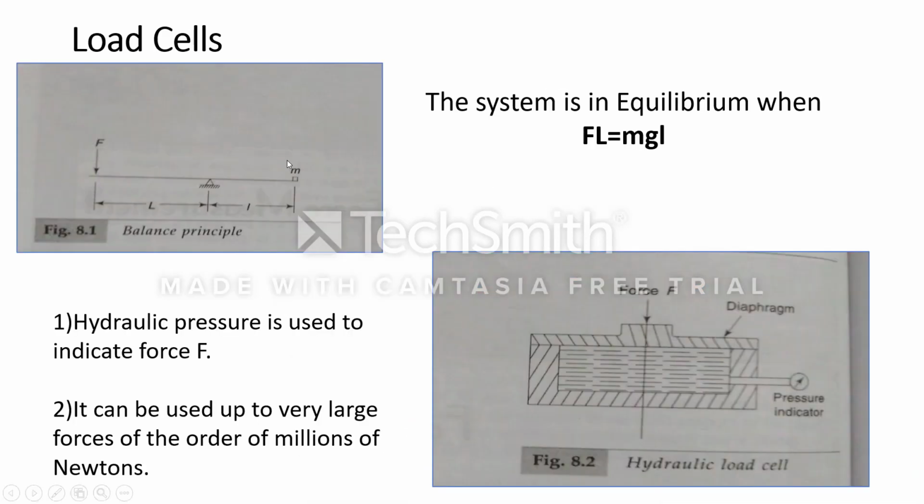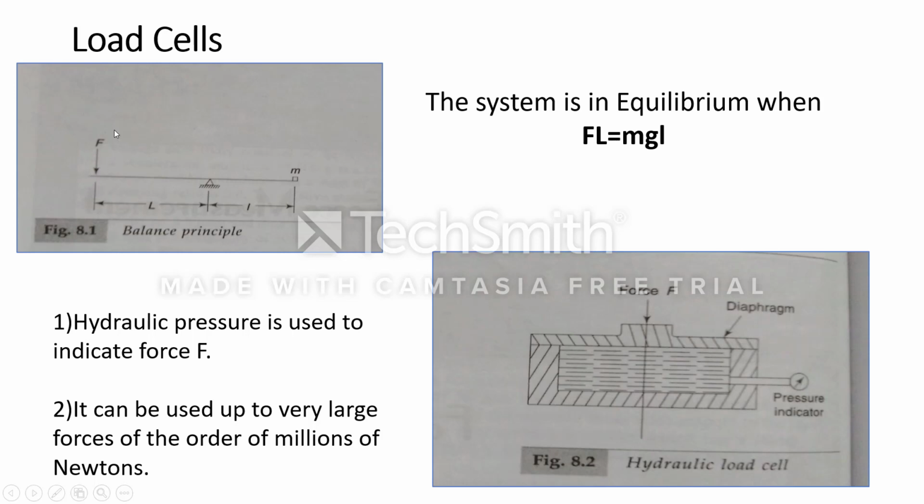The first one is the load cell. This figure shows the balance principle, which contains one horizontal beam, or anything supported by one member, and the force is applied from one end, with the member at a distance L from the first point.